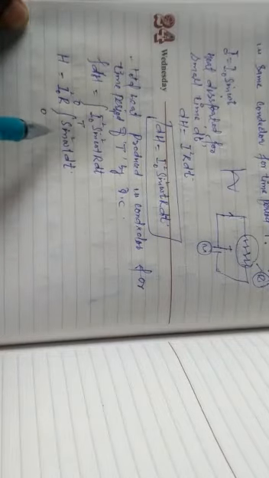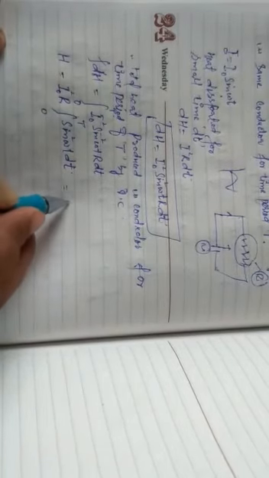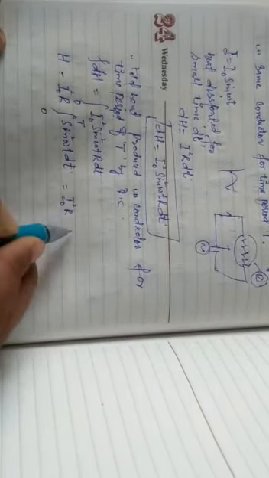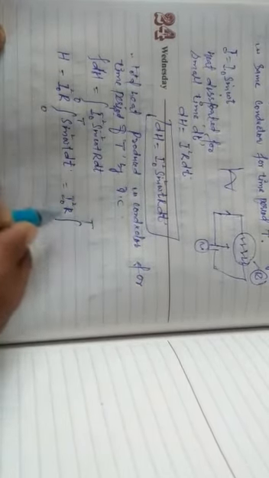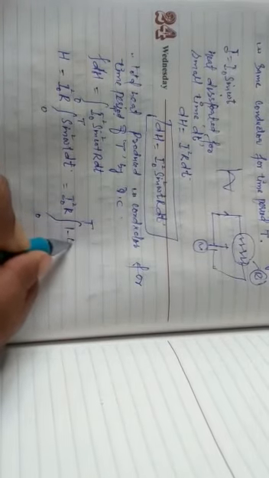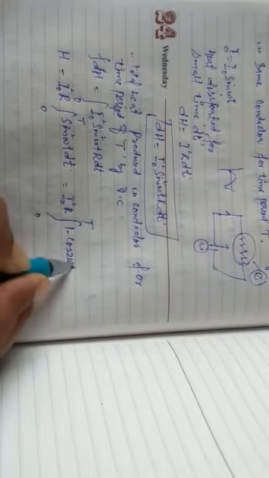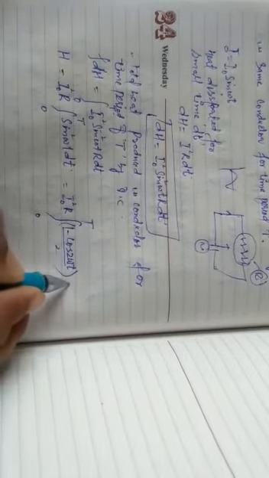Now we have to solve this integral. We can write sine square omega t as 1 minus cos of 2 omega t, divided by 2, into dt.